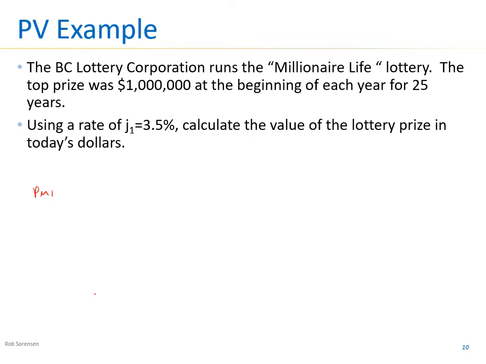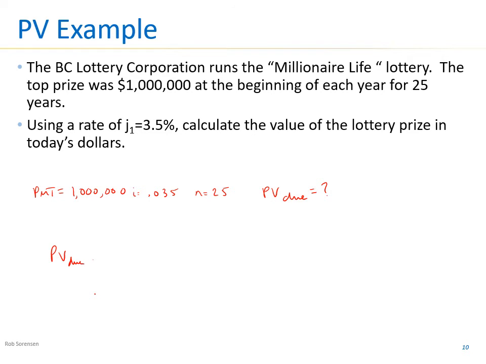I've got a payment of $1 million per year. The rate is 0.035 per year. We get 25 payments, 25 years' worth of payments. Can I work out the value today? I'm going to do present value due because it said the payments are at the beginning of each year.